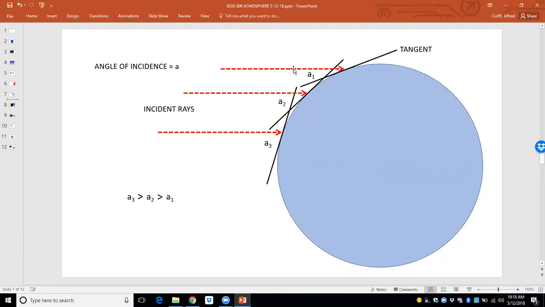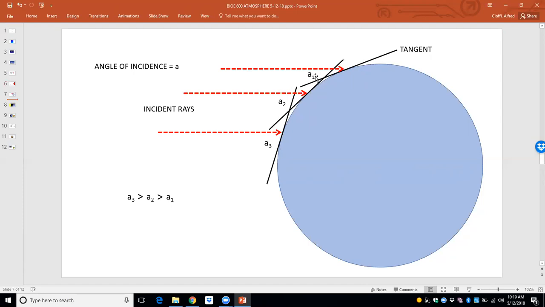These are the angles of incidence. So for the rays that are closer to the poles, you see that the angle of incidence is small. A1 is a relatively small angle, you see.